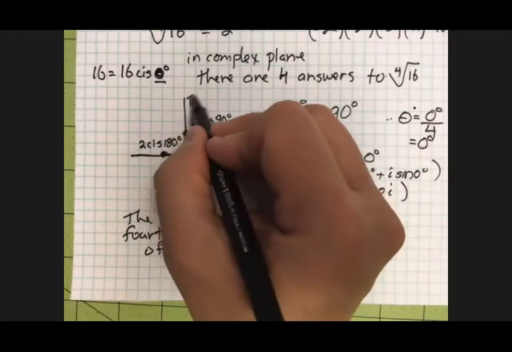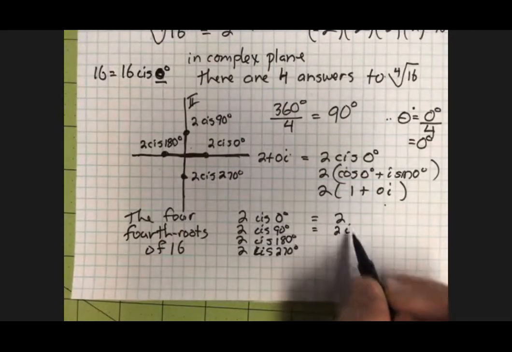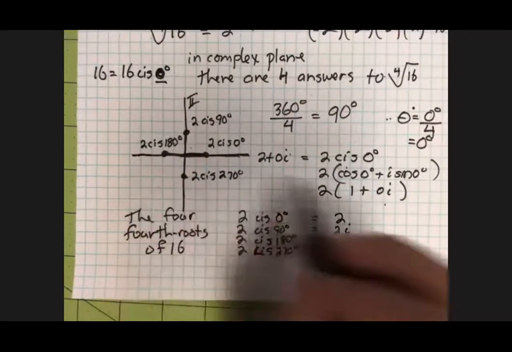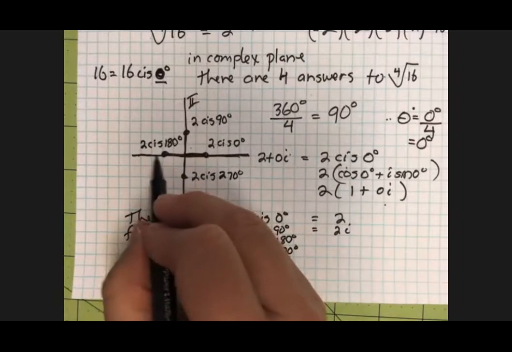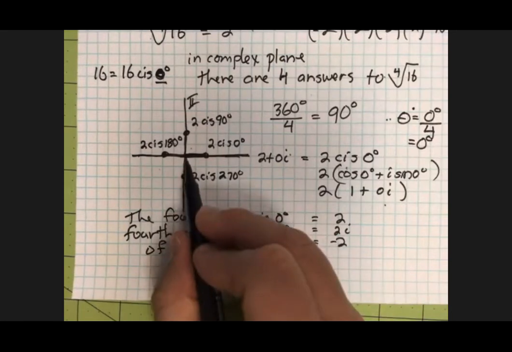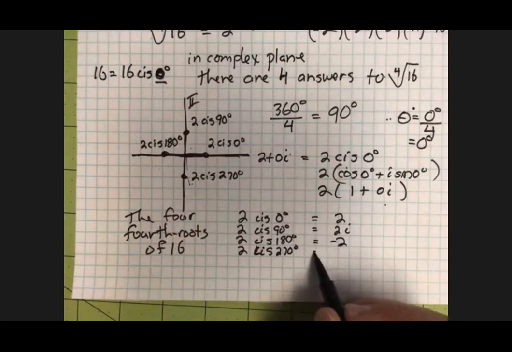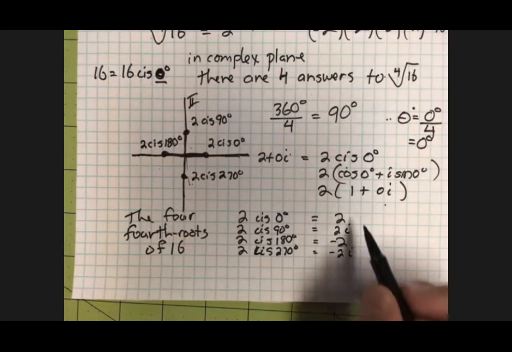But on the imaginary axis, 2 cis 90 is 2i. 2 cis 180 is on the other side of the real axis, that's minus 2. And 2 cis 270 is on the other side of 2i, that would be minus 2i.